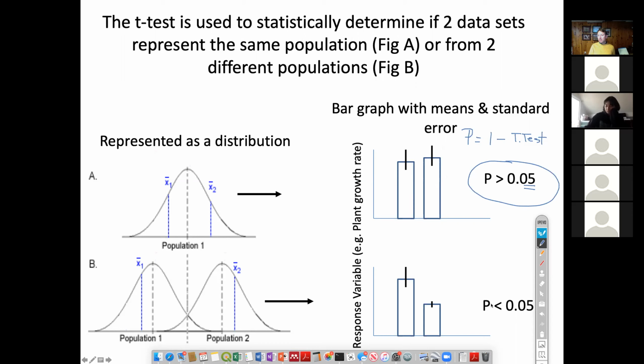It isn't until p is less than 0.05, so there's less than a 5% chance that these are coming from the same population, that we say they're actually different. If p is greater than 0.05, this is the probability that they are not different. If it's greater than 95%, we say they're the same population.